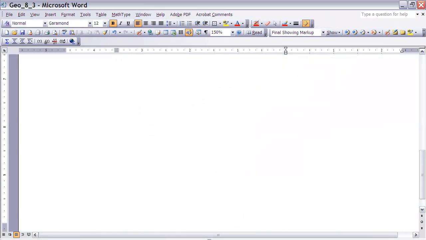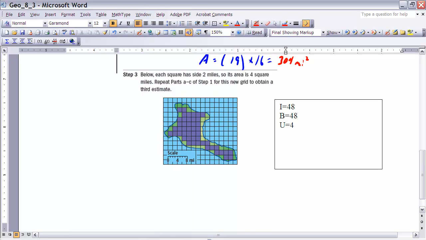If you count up your inside squares on this one, you should come up with about 48. If you look at your boundary squares, I came up with something close to 48. As the squares get smaller, determining whether a square is actually an inside square or not is a little bit questionable.